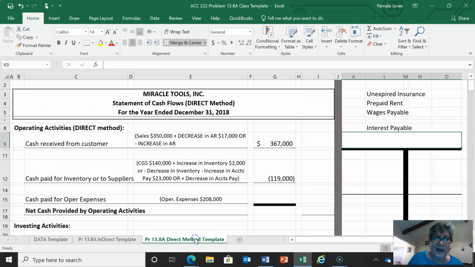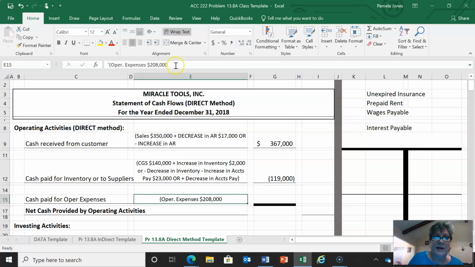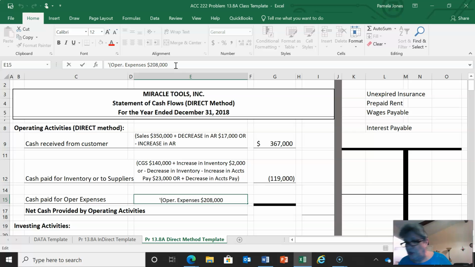So under the direct method then, starting with that operating expenses of $208,000, we are going to add that $3,000 decrease in accrued expenses payable.